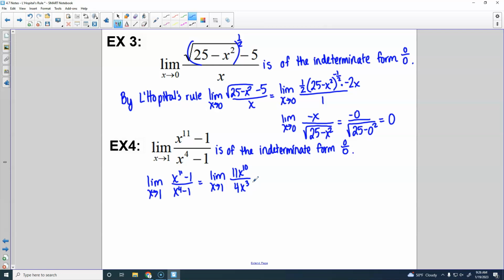Now, I don't think you're going to see this on a free response question, because... no, never mind. We're good on this one. I was thinking of a different problem. So if I plug in 1, I get 11 times 1 to the 10th over 4 times 1 cubed, and I get 11 over 4.